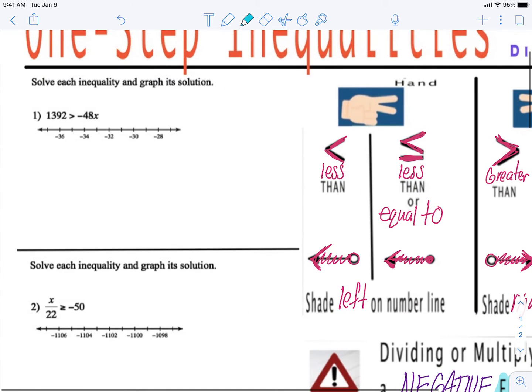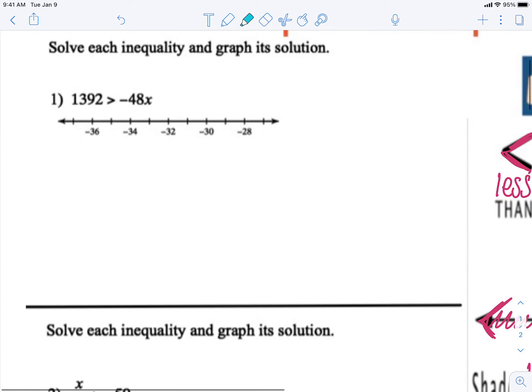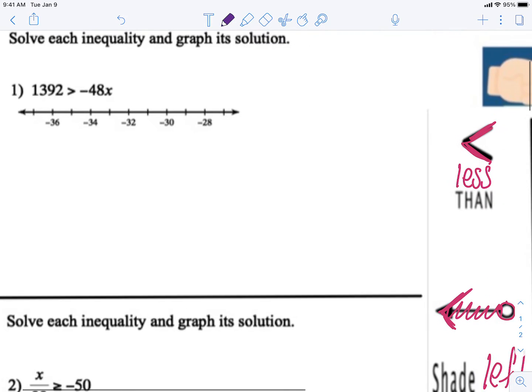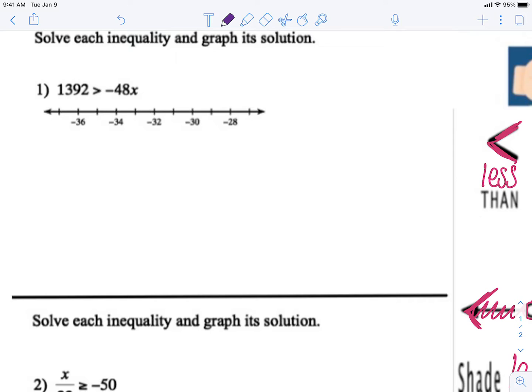So let's see our examples. I'm going to write it over here to give me some room. 1,392 is greater than negative 48x. I'm going to draw my line of separation. I'm not going to draw my arrow yet, and you'll see why.